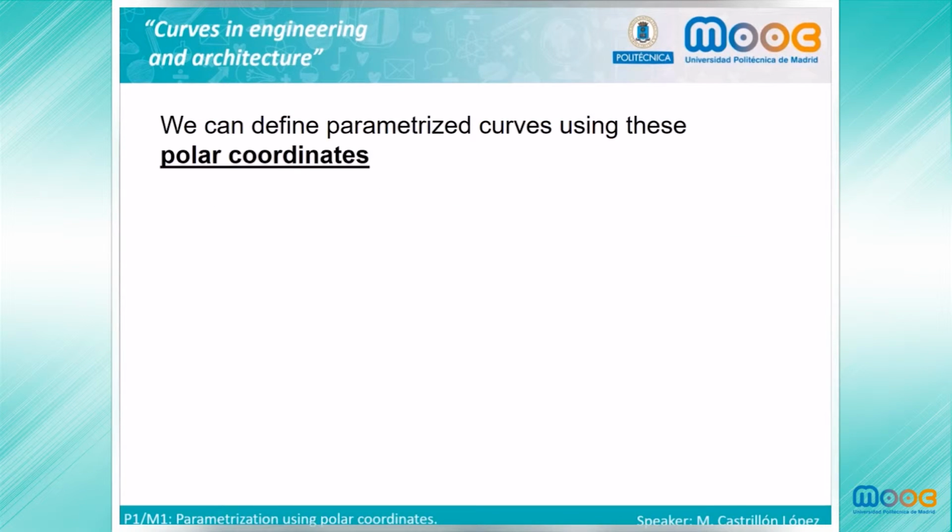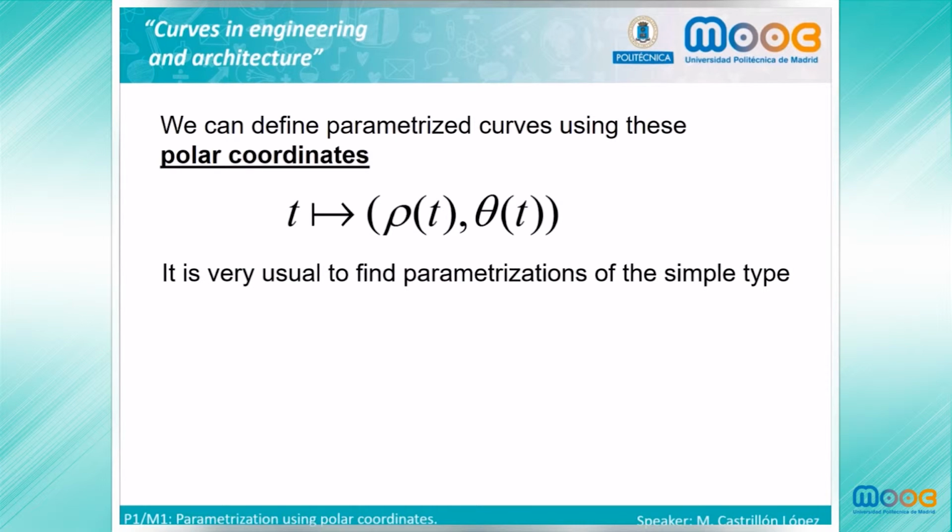We can define now parametrized curves using these polar coordinates. The definition is the same. One assigns to every value t of the interval I two numbers, ρ and theta. But it's very usual to find simpler parametrizations using polar coordinates. Parametrizations of the type t sent to ρ of t, t.